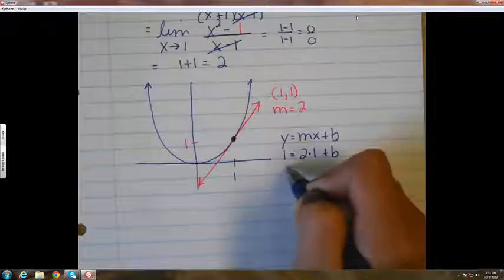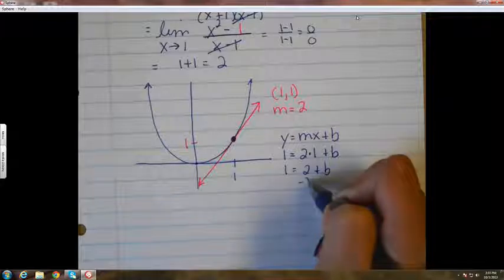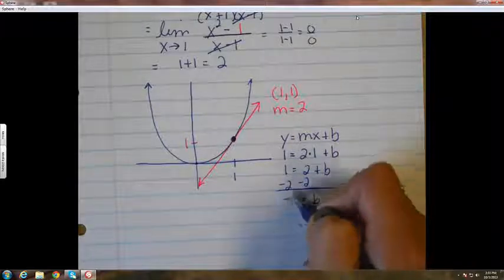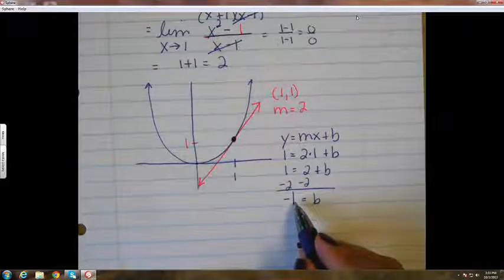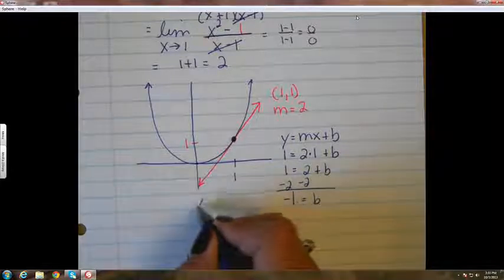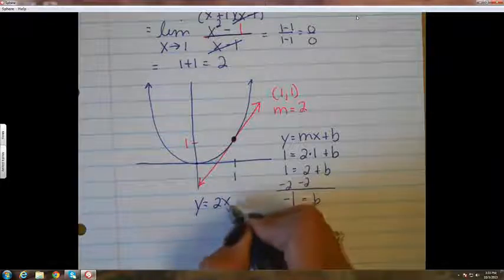Little algebra. Subtract the 2. B is a negative 1. Now I've got the two things necessary to write the equation of a line. The slope, the y-intercept. So the equation of that tangent line, y equals 2x minus 1.